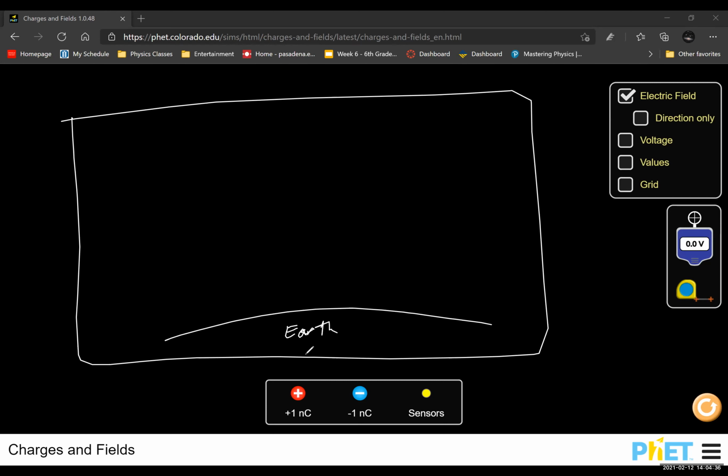And obviously what I'm giving you here is an analogy. Earth affects things that have mass because it also has mass. So this is the mass of Earth. Now, all the region around Earth will be affected because of the presence of Earth.